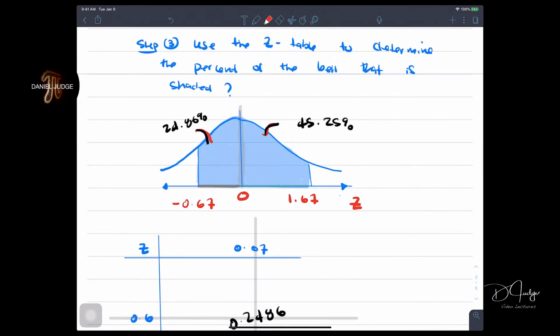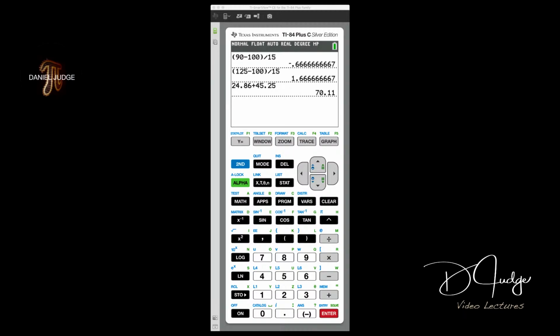So I'm going to show you in the TI. Let's try it in the TI, right? So what they said was go to, clear that, second distribution. It's really the distribution. Normal CDF, number 2. Now, the lower value, the smaller value, which is to the left, put the negative 0.67. You're reading this left to right.